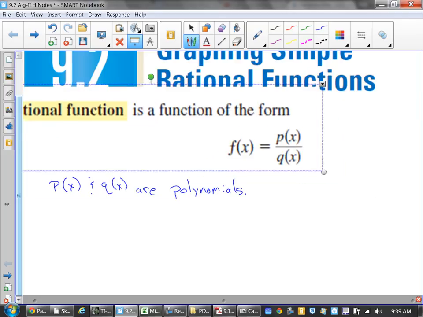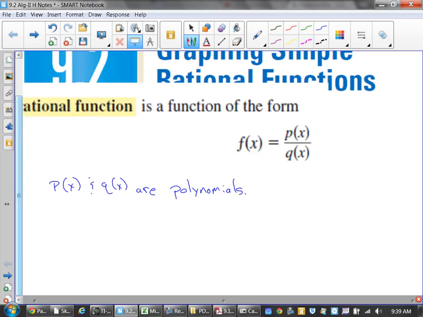This f of x, remember, is a function divided by a function. P of x is another name for some polynomial, same thing with that q of x. You're taking two polynomials and dividing them out, and we're going to look at the graphs of them.